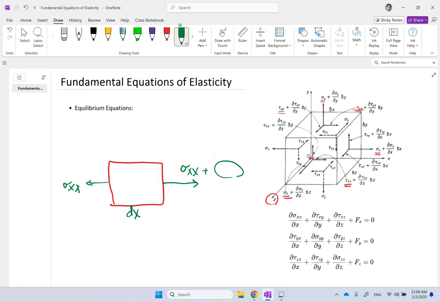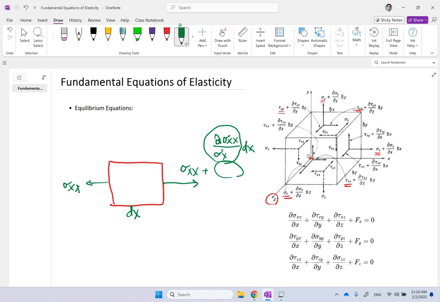That extra term comes from the small expansion, the first term in a Taylor series. So that is going to be the partial of sigma xx with respect to x, because you only moved in the x direction, times dx, or delta x in this case.